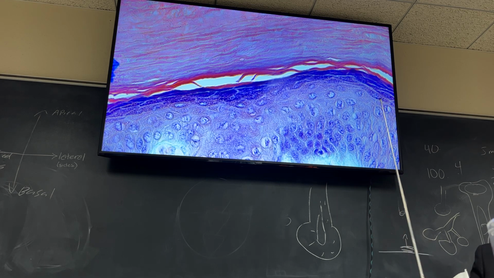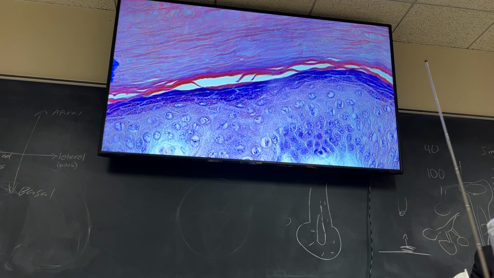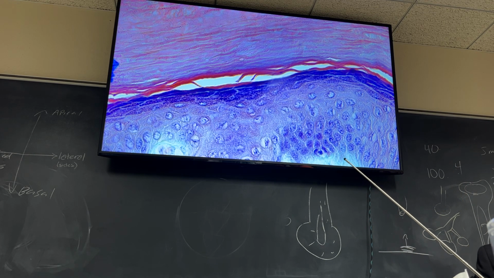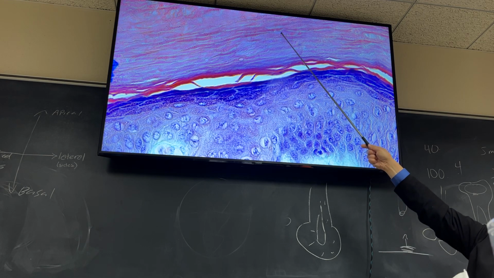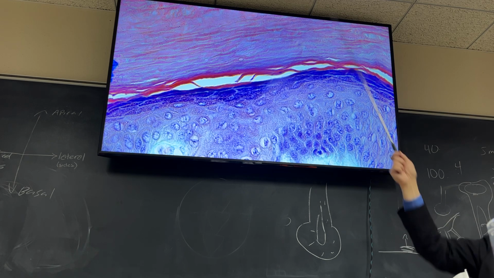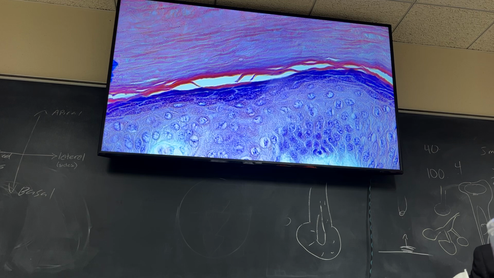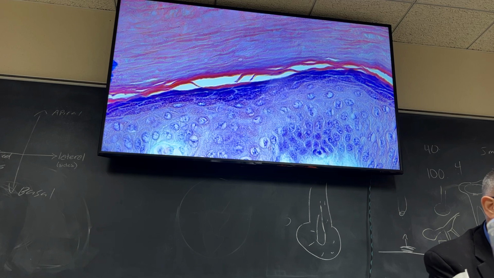So the lucidum layer is actually this kind of red layer here. And then of course your cornified layer up there, stratum corneum, right? So those are your 5 sublayers of the epidermal layer.